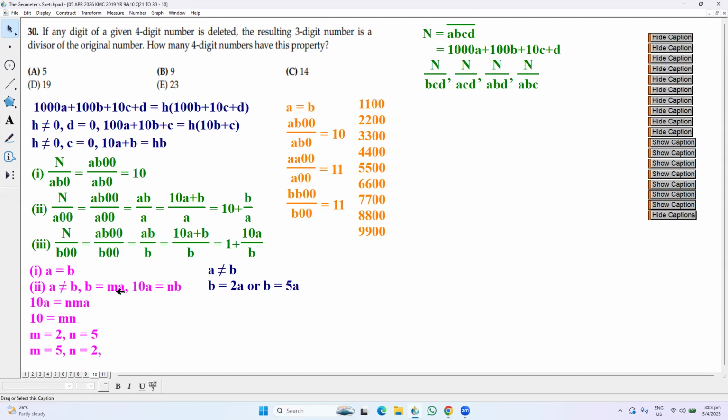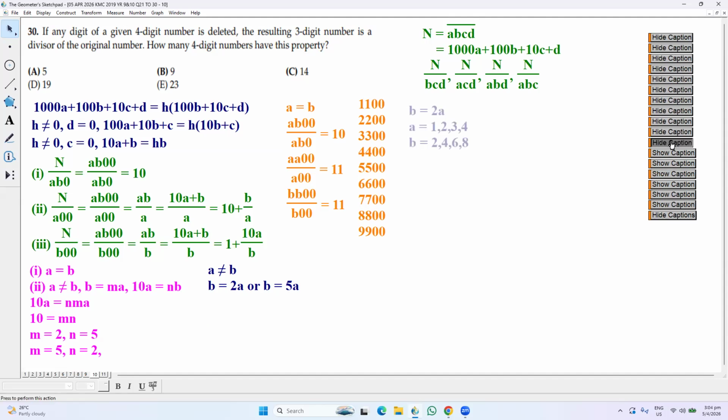If we put M as 5, then B is 5A, and N is 2. 2 times 5A is also 10A. So B is either 2A or 5A only. M is 2 or 5 only. This still gives the same relationship: B is 2A or 5A.